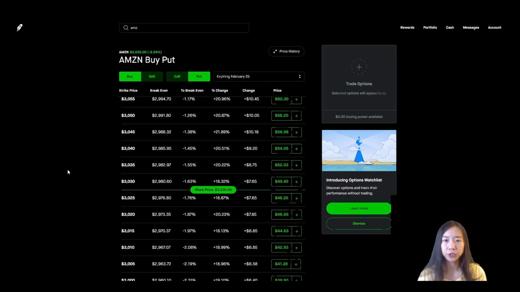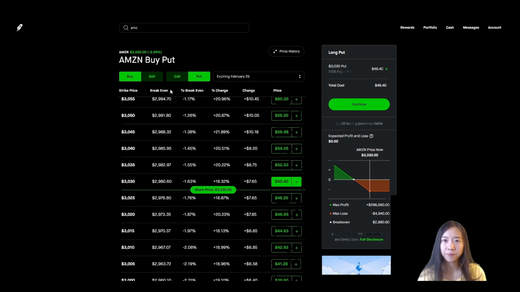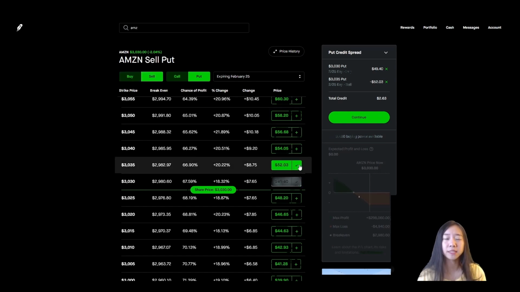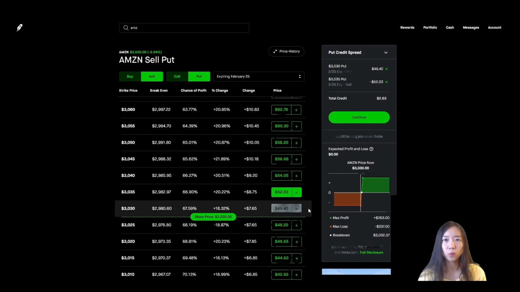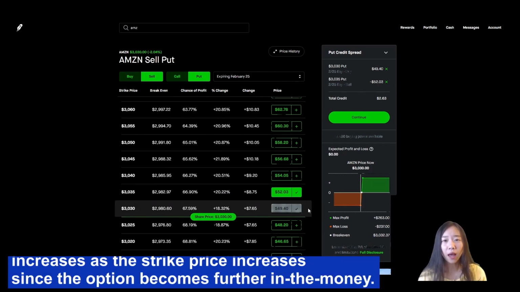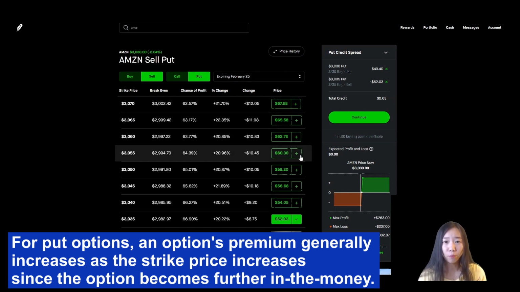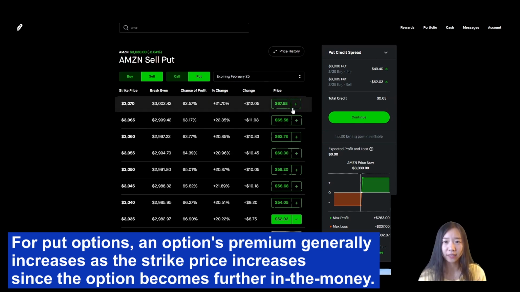So what we're going to do is buy a cheap put option, and then sell a more expensive put option. One thing I want to note: for put options, the higher the strike price is, the more expensive the contract is.